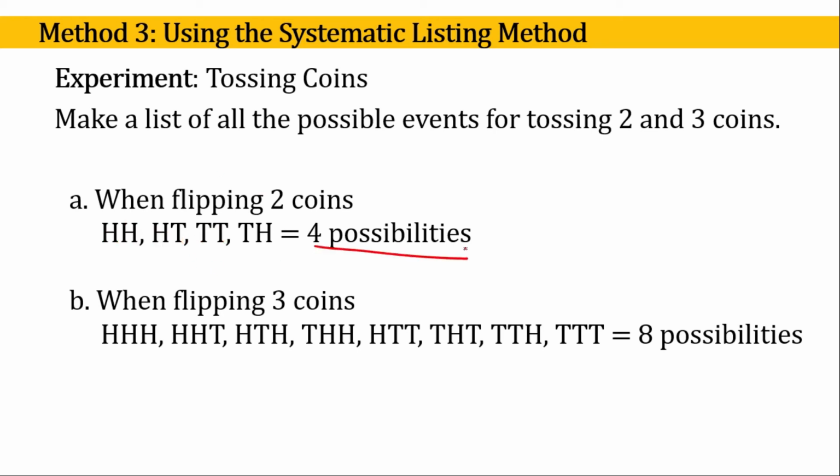All of those are the possible outcomes when you toss two coins. On the other hand, if you toss three coins, you could get this by listing. Just make sure that when you list, there are no repeated entries on your list, because it will give you an error.